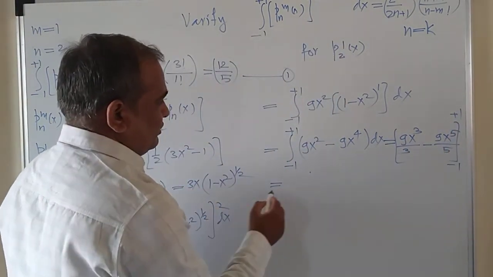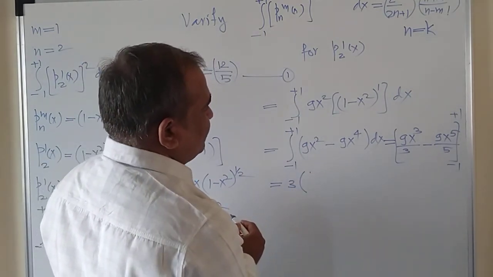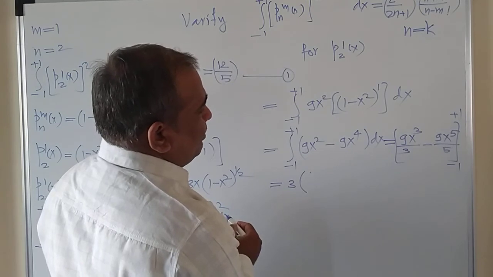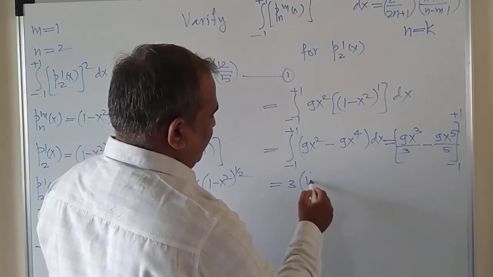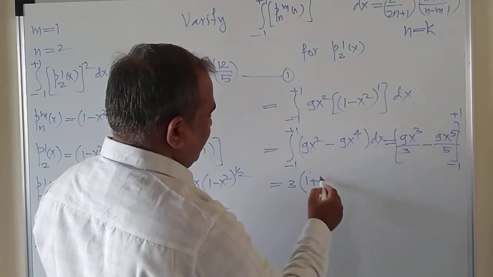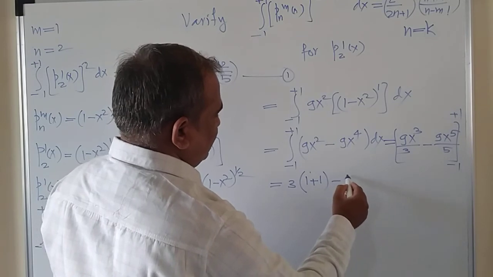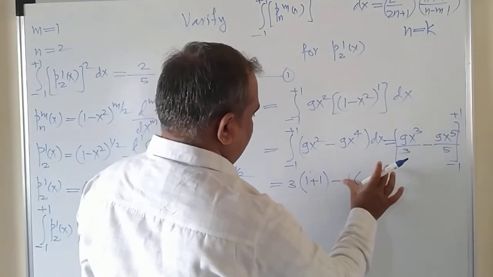This will give you 9 by 3 is 3 into x cube. Put the limit, upper limit minus lower limit. So plus 1 cube is 1, minus 1 cube is minus 1, so minus minus will become plus 1, minus 9 by 5.